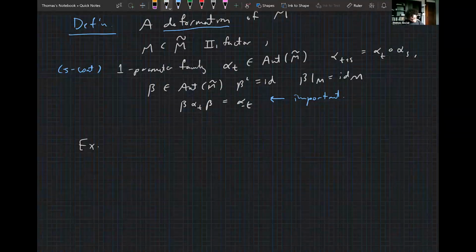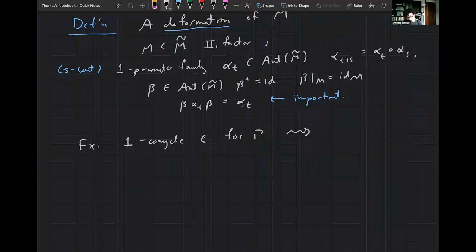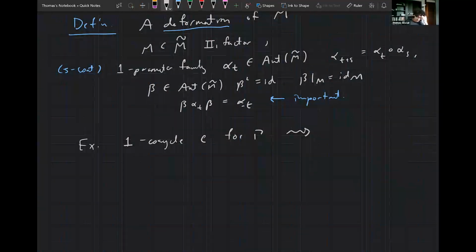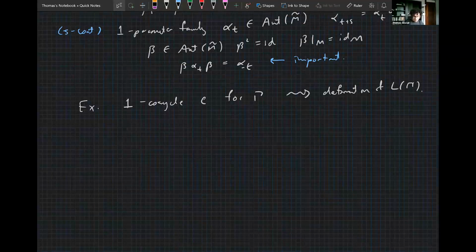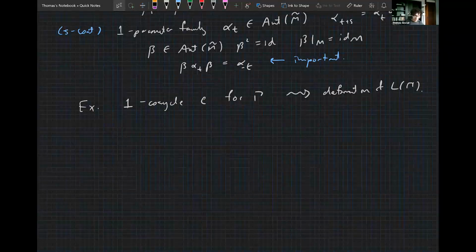If you have a 1-cocycle c, and it doesn't really matter into what representation, the representation is irrelevant here, you can use that to construct an s-malleable deformation of L. In this way, you can import cohomology theory into deformation rigidity, and this is a major source of getting structural properties of the group von Neumann algebra.